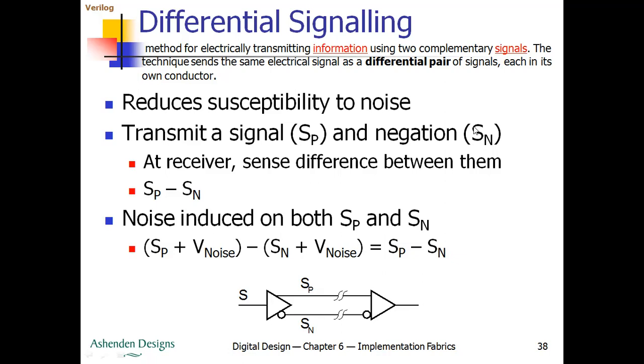So differential signaling allows common mode noise rejection and improves signal integrity. Signal integrity basically means a reduction in ground bounce, crosstalk, switching current and electromagnetic interference.